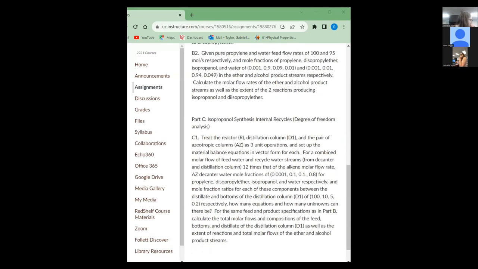So let's look over here for a second. Over here, we're given this mole fraction ratio of the components for this D1 chamber right here.